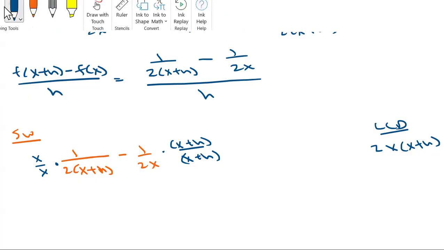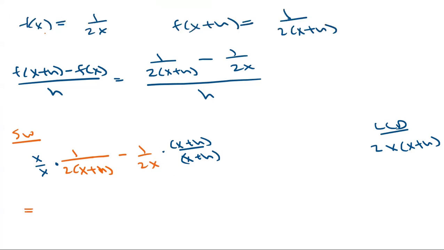So that gives us x over 2x times x plus h minus x plus h, I'm going to put that in parentheses, divided by 2x times x plus h.